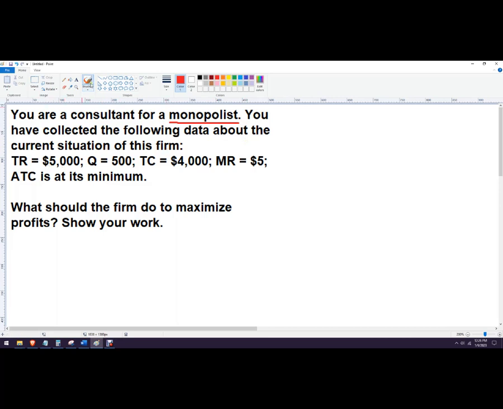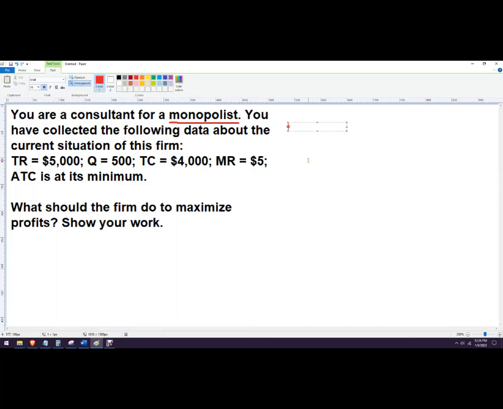We've got total revenue. So I'm going to type up some relevant formulas that you need to memorize for your class. Total revenue comes from price times quantity. Revenue is the money we put into the cash register. So we got that number from multiplying this times the price.